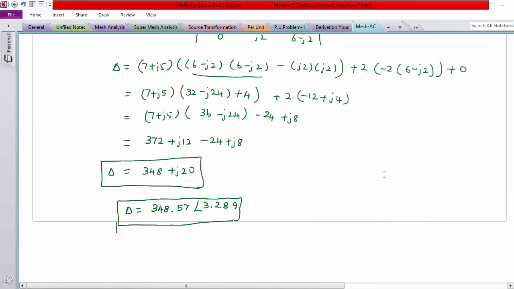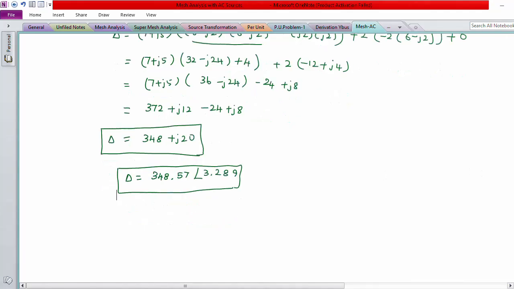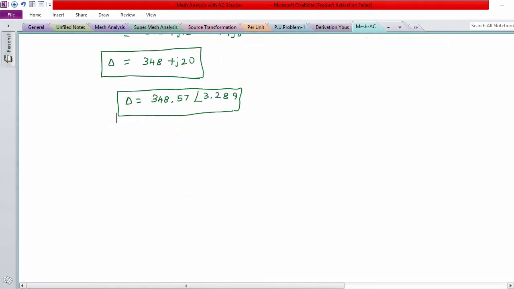Now we have to determine the values of I1, I2 and I3. For that we have to determine the delta 1, delta 2 and delta 3 values. Now we can determine delta 1. To determine the delta 1 value, we replace the first column of the matrix with the coefficient B, that is 100, 0, 0.